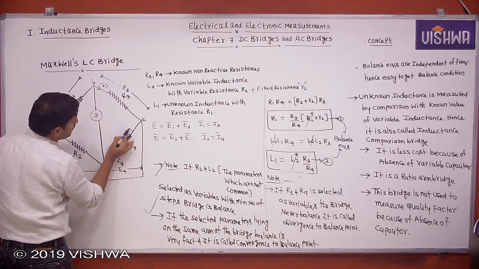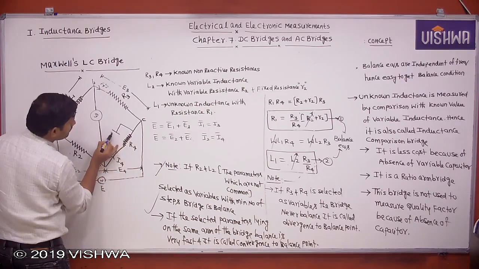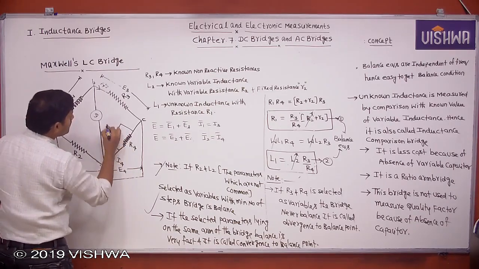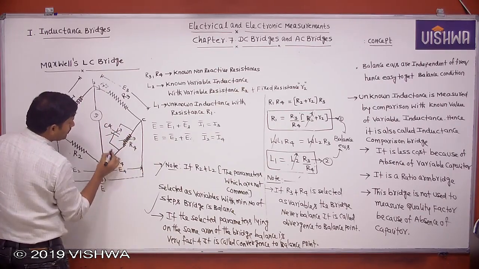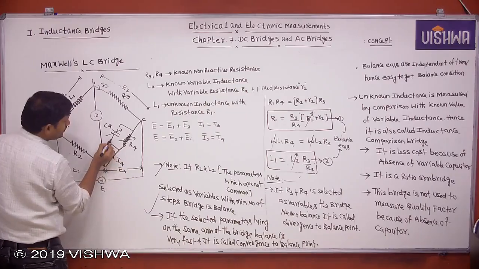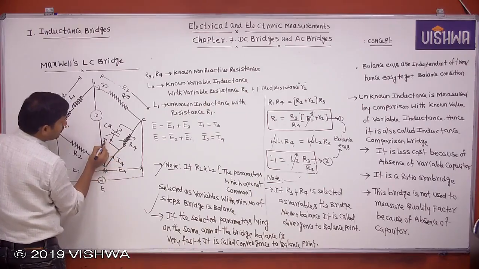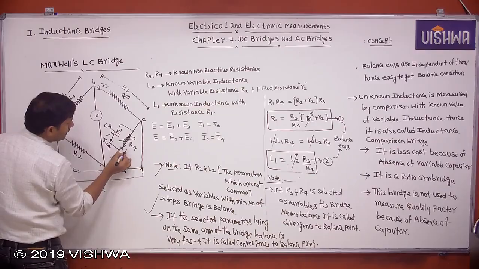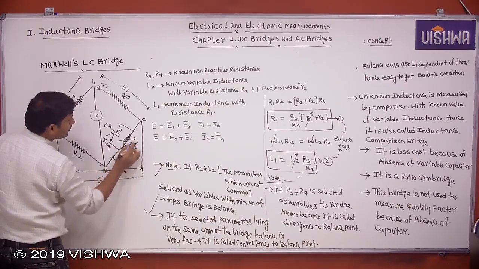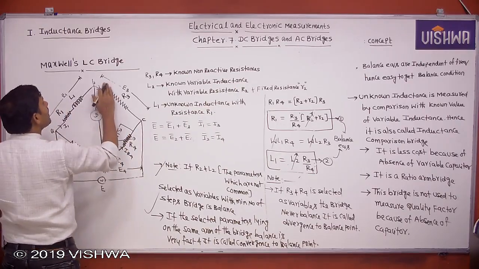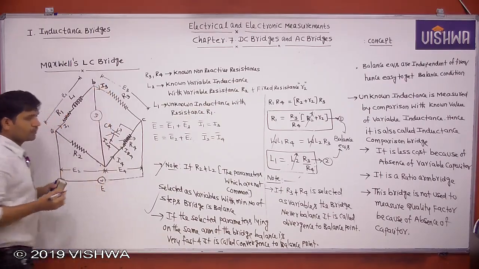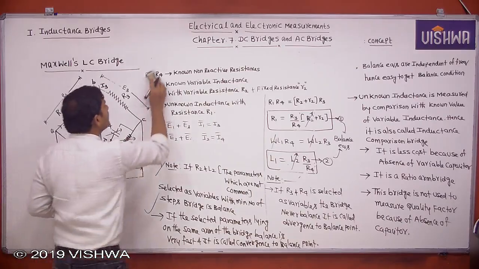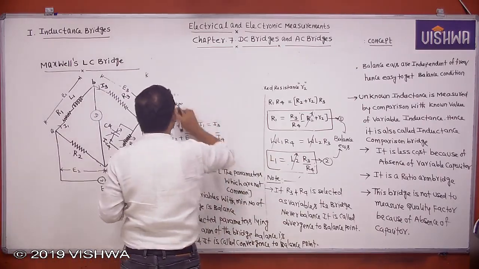Then across this we can connect one capacitance. This is C4. This R4 and C4 are variables. Let this be IC4. This is IR4. Okay, then this is Maxwell's LC bridge. Clear? Then you follow the same procedure.